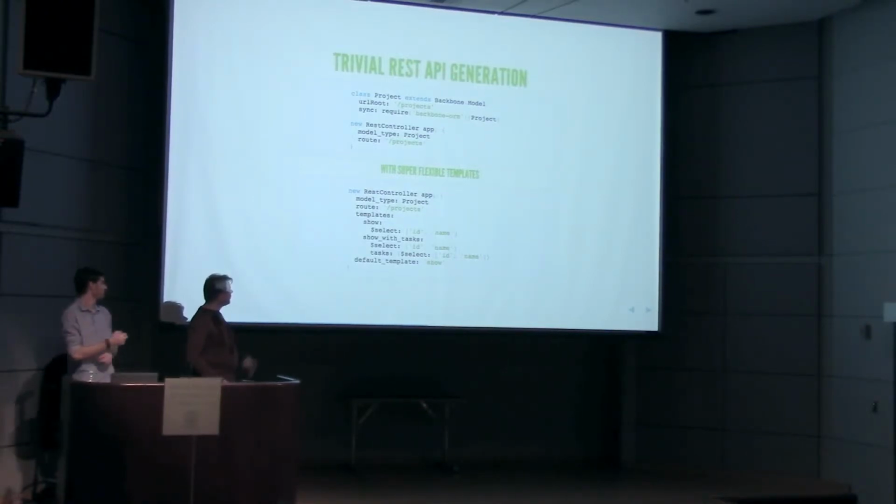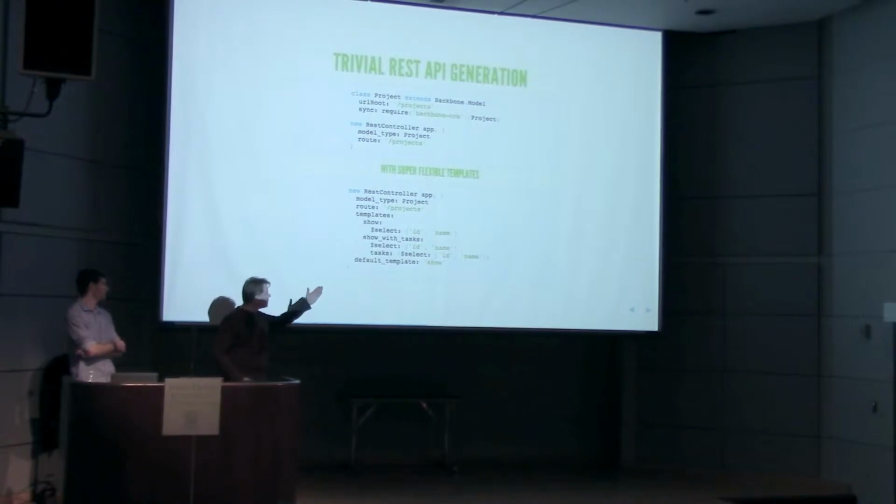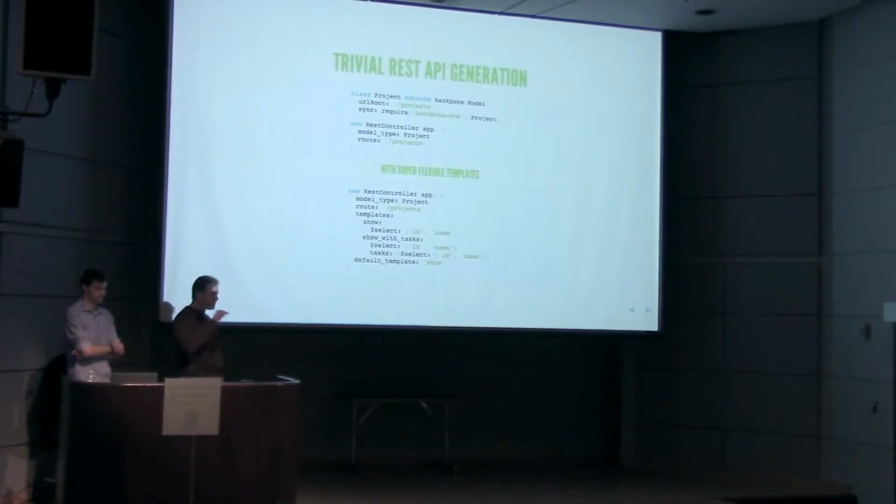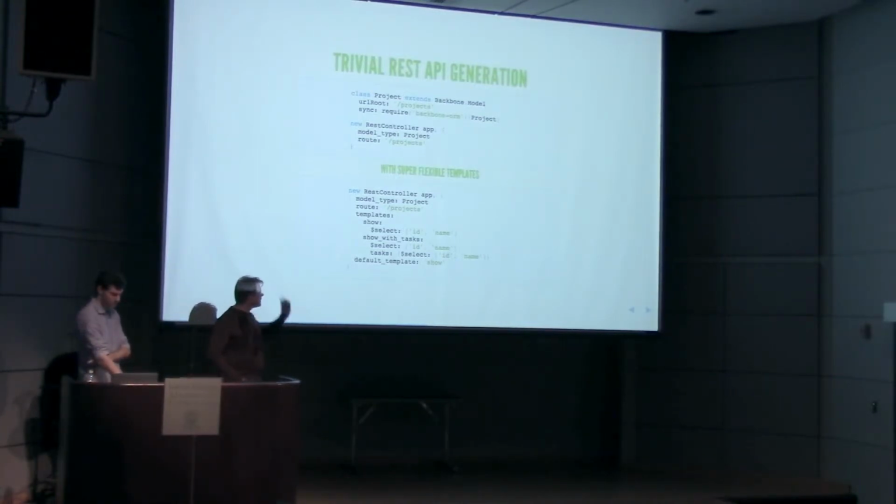If you were to query this, you would use the default template show, and it would just return the ID and name. If you called it from the client and said, actually, I want a different template with $template, show with tasks, it would also include the tasks. You're using the same query syntax that we've extended for MongoDB to just say what you're going to send back, and it's done.